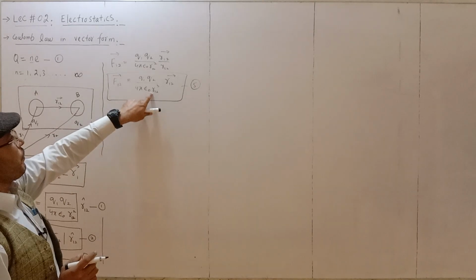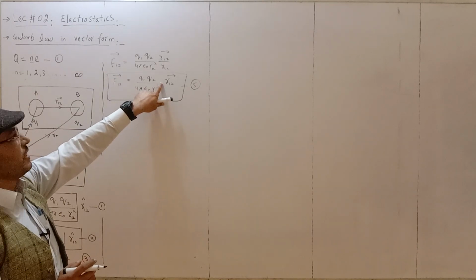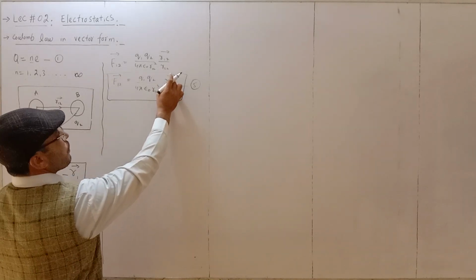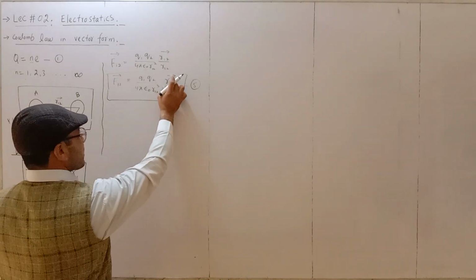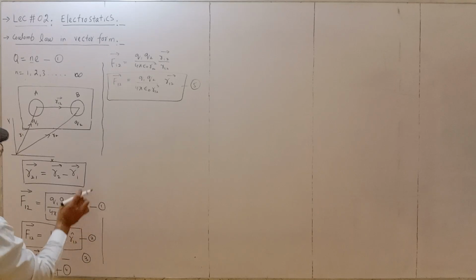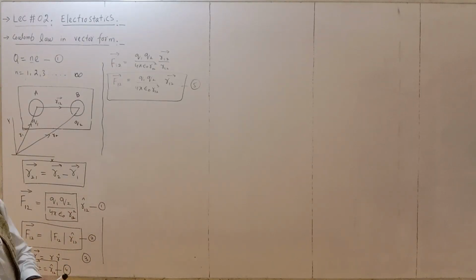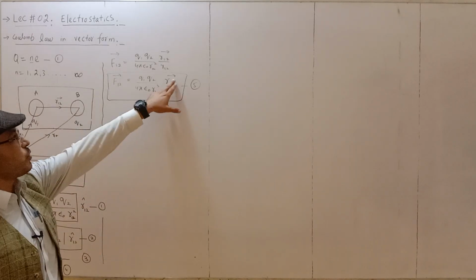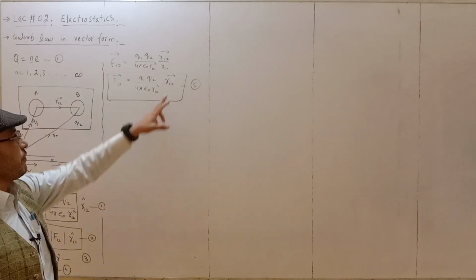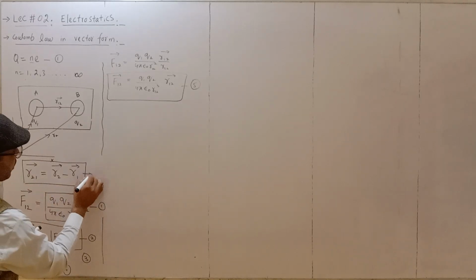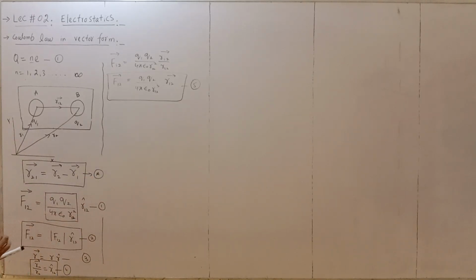Here I place r cubed. Why? Because here I have placed the r vector instead of its unit vector, because a unit vector has a magnitude of 1, but this vector has some specific magnitude which will be obtained from equation number A.